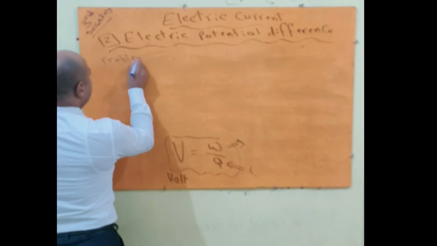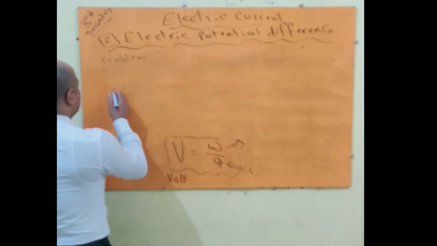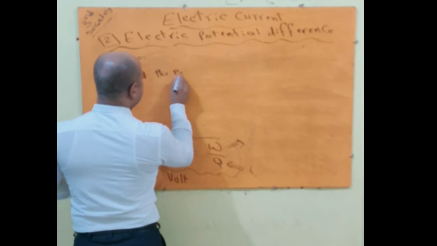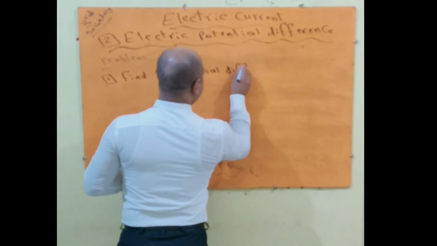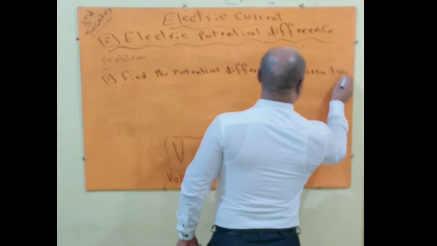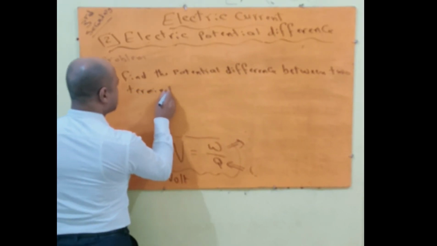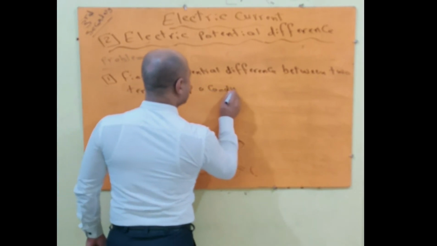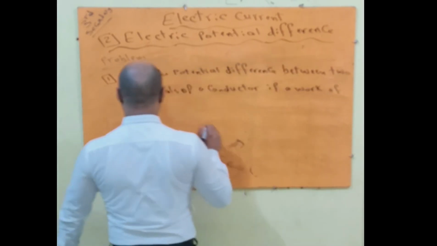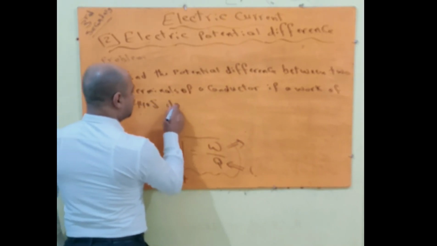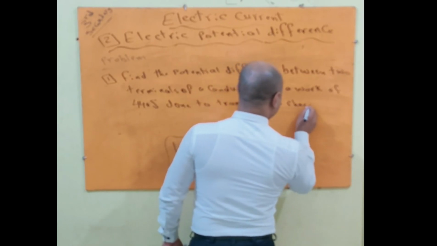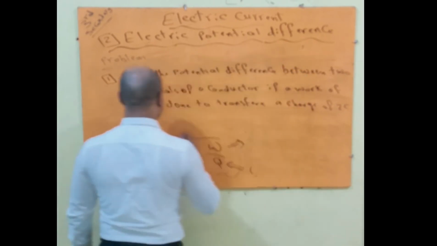problem number 1, find the potential difference between two terminals of a conductor if a work of 440 joules is done to transfer a charge of 2 coulombs between its two terminals.